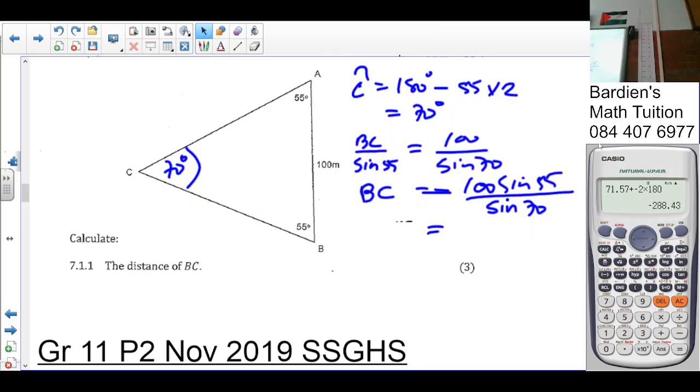So that would give us BC equals 100 sine 55 over sine 70, which gives us 87,17. Okay? Correct?